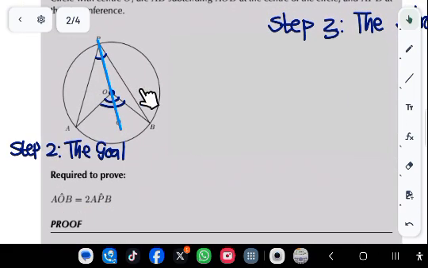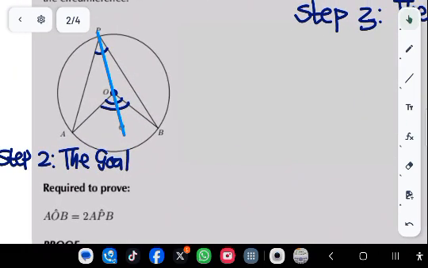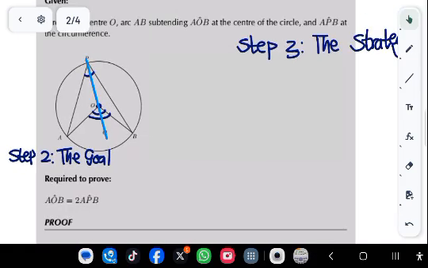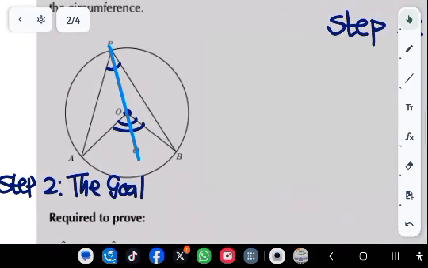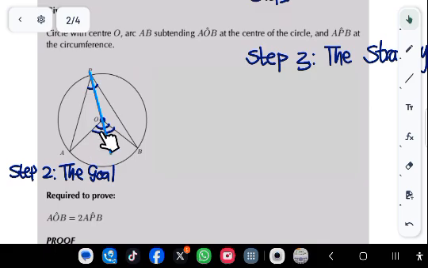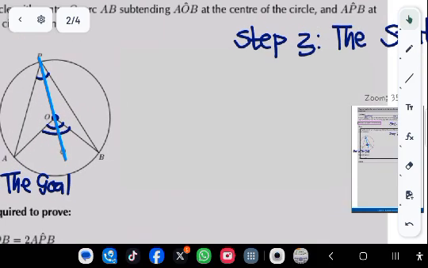These triangles will be isosceles triangles, and then we will use the exterior angle of a triangle to show that this is 2 times that.